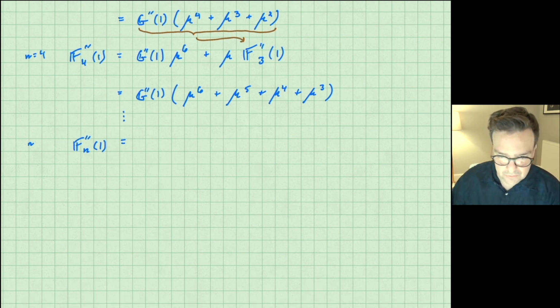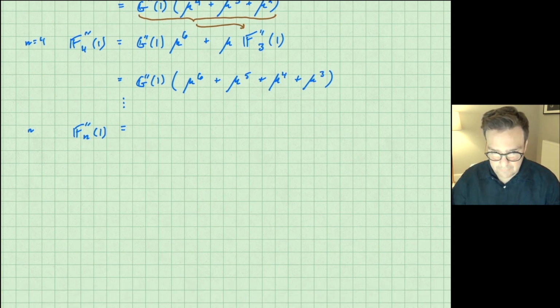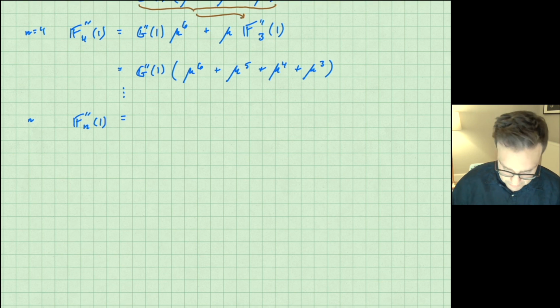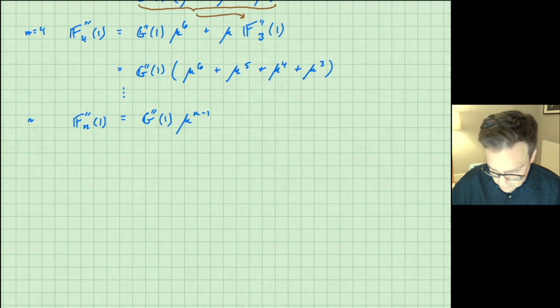Okay, so for general n, I'll just save myself the trouble and write down the result here: g double prime of 1 times mu to the n minus 1 times the sum from k equals 0 to n minus 1 of mu to the k.